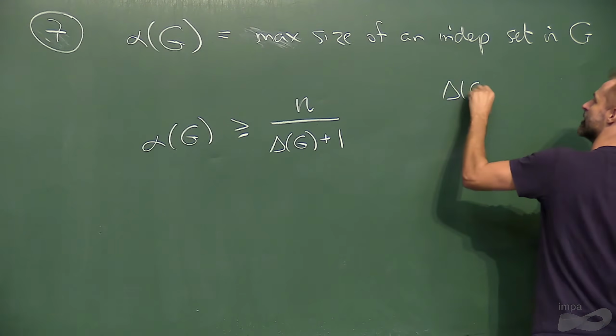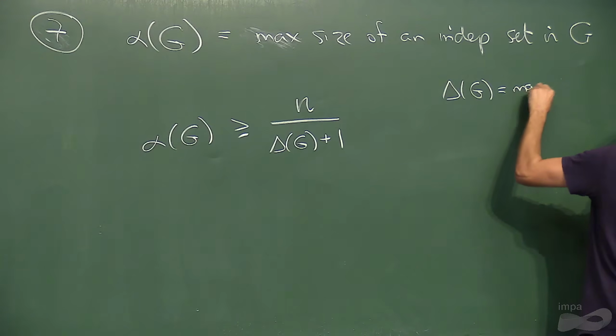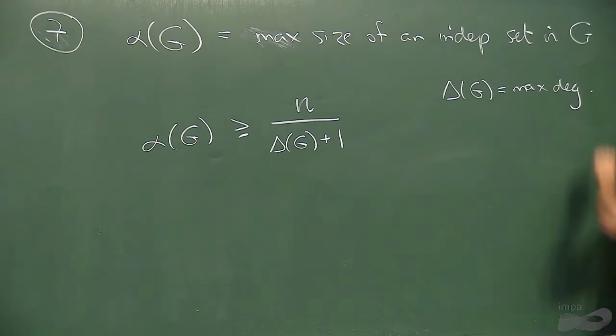Delta is the max degree. Why is that true? How can you find an independent set in a graph of size number of vertices divided by maximum degree plus 1? Exactly.